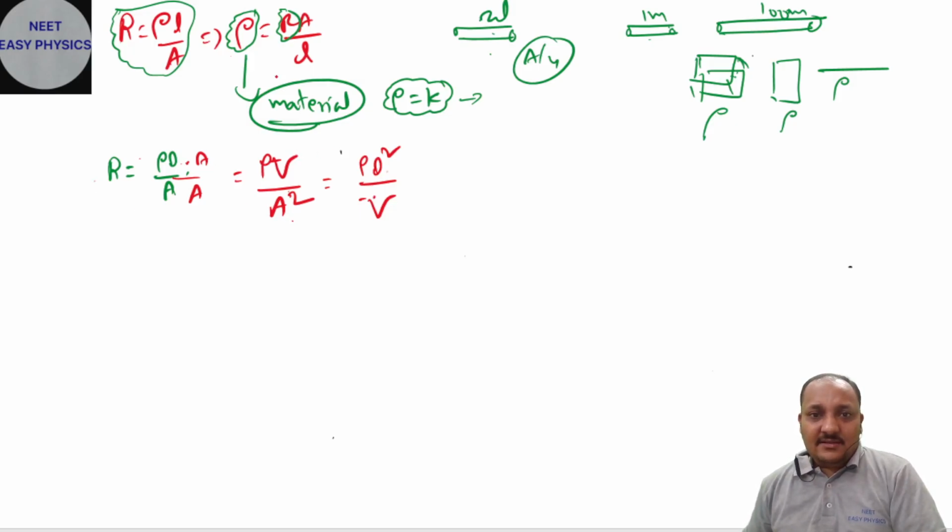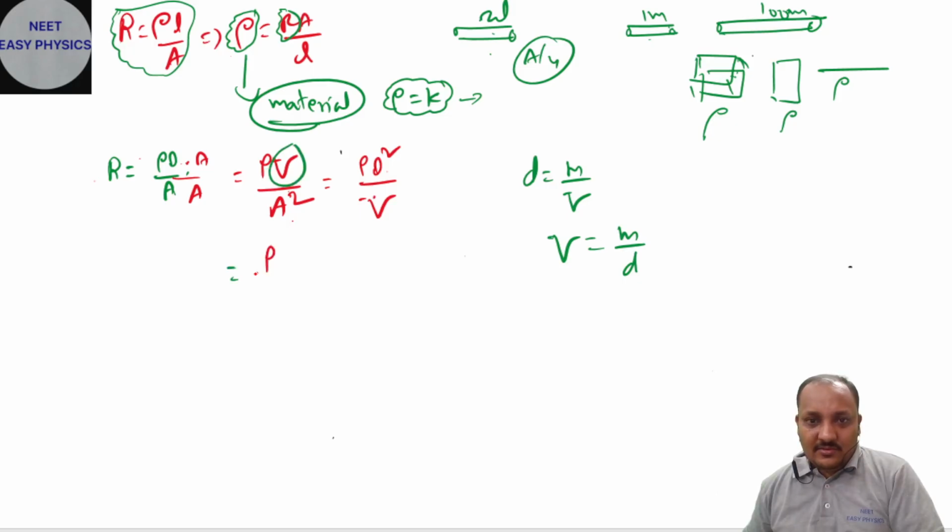Now they ask, the mass of the wire is double. So we have to take density. D is equal to mass by volume, so volume is equal to mass by density. In place of volume, you can write mass by density. Then you get rho by A square into mass by density. Rho is constant, density is constant, so only mass and area matter.